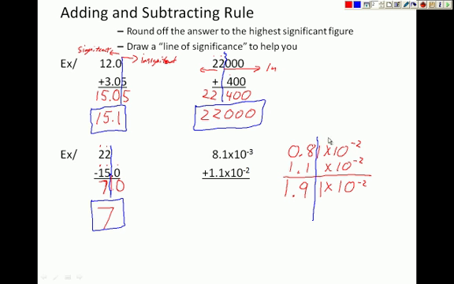Now again, everything on this side is insignificant, everything on this side is significant. So my final answer is 1.9 times 10 to the minus 2. Okay, so then that's the adding subtracting rule. Moving on.